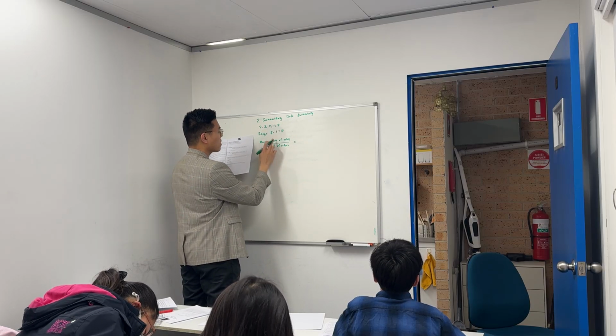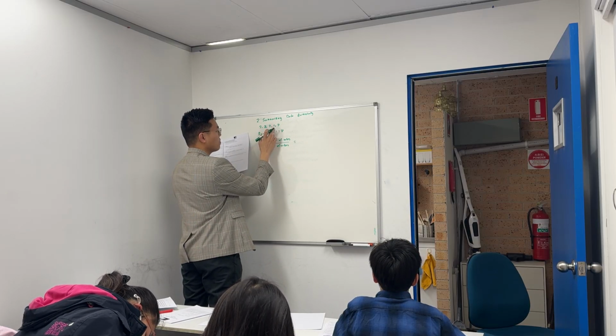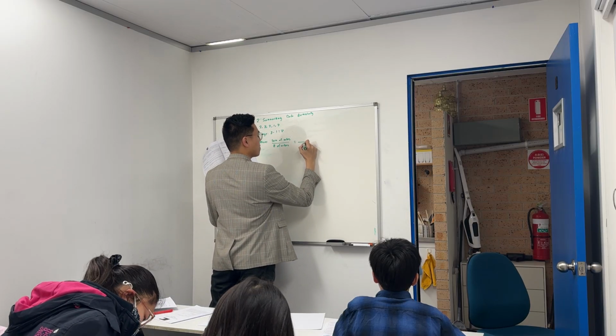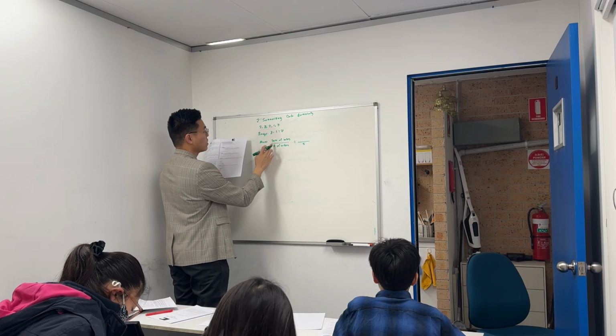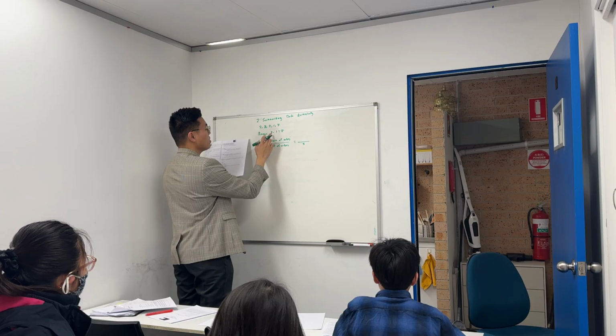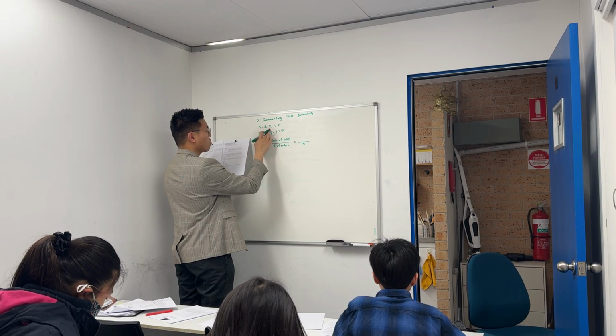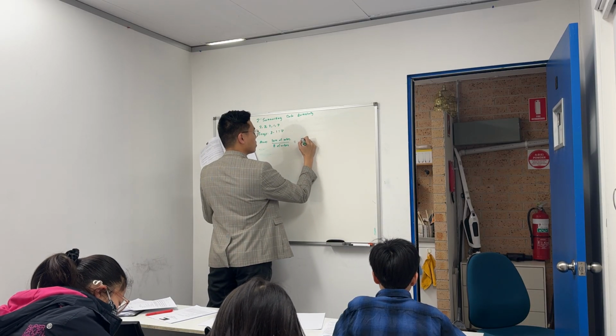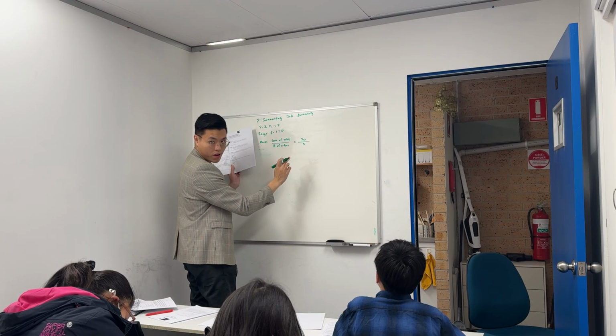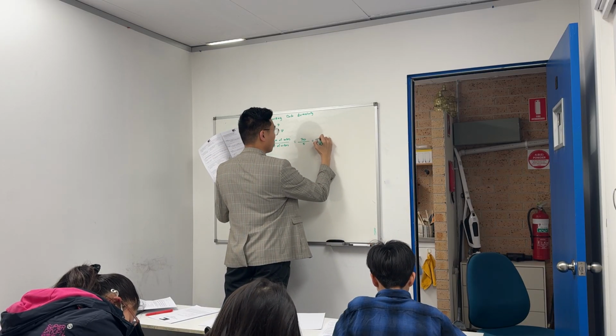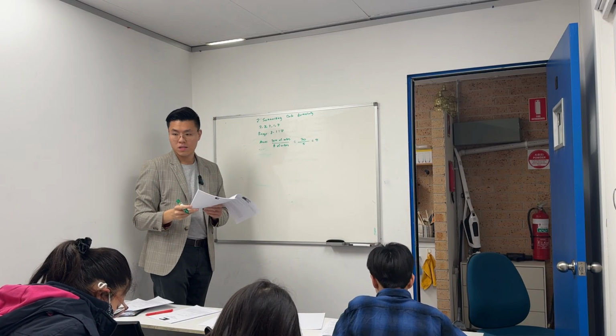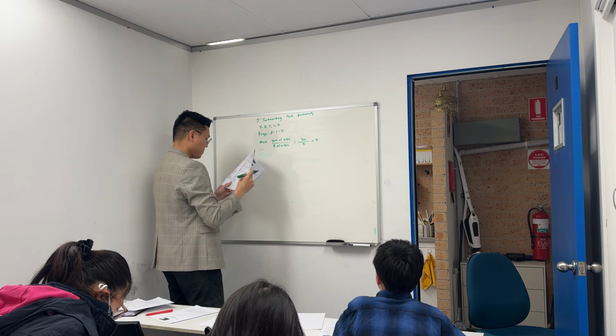How many values are there? 1, 2, 3, 4, 5. The bottom is 5. Now, the sum of values is 2 plus 8 plus 2 plus 1 plus 7. 2 plus 8 is 10, 12, 13, 20. So 20 divided by 5 is 4. Does it make sense?